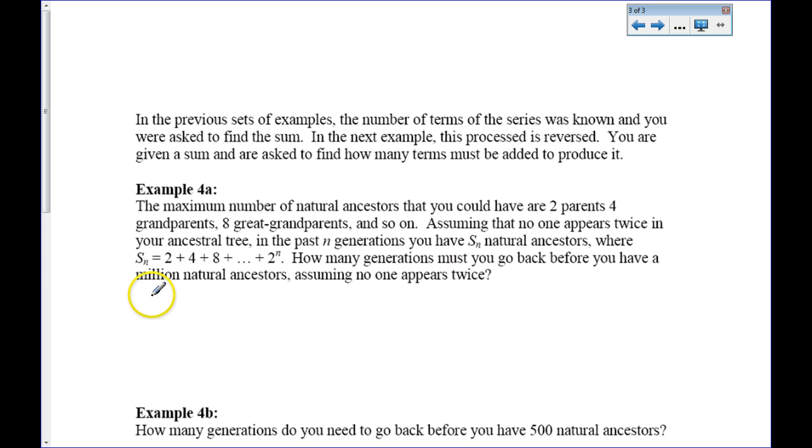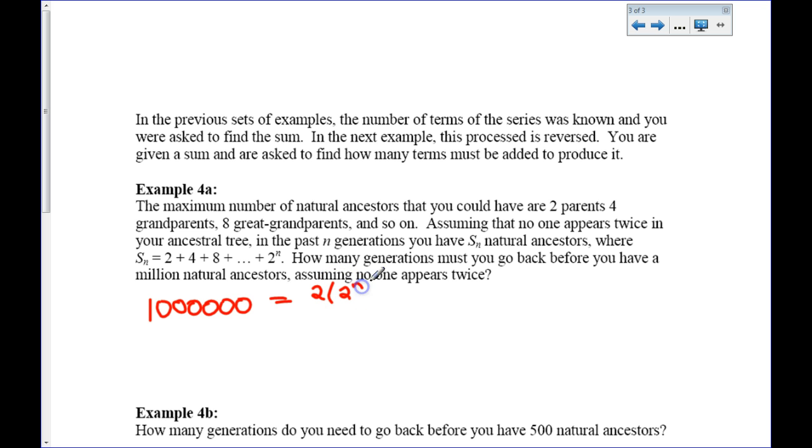So our S sub n value is going to be 1 million. We already know g sub 1. What was that? 2. And we know that it's changing with an r value of 2.